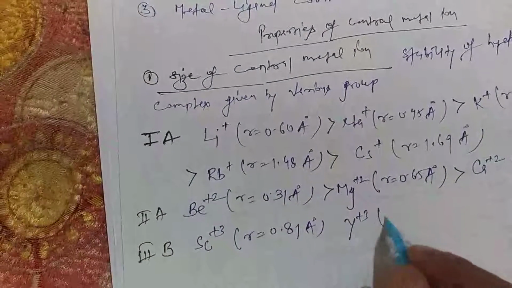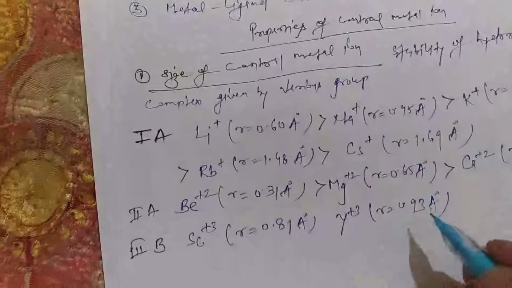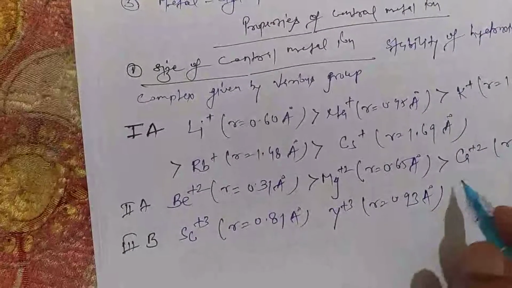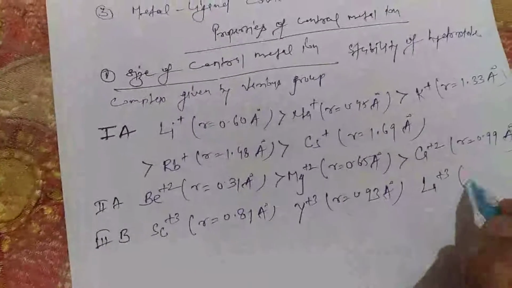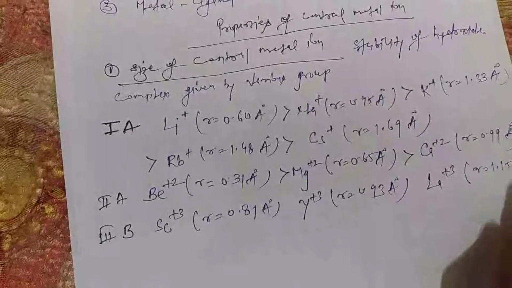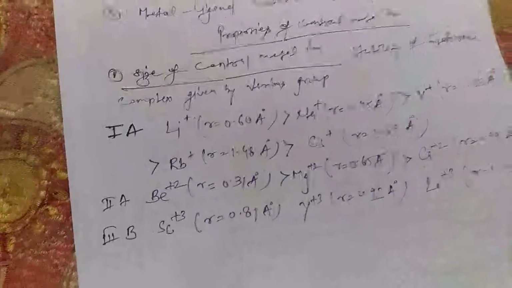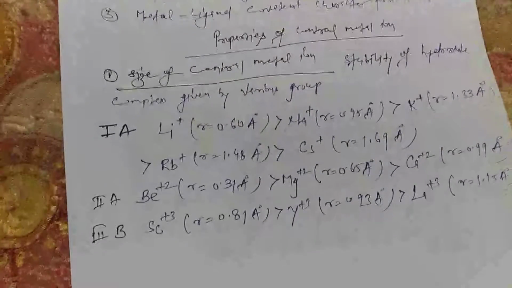Then just after scandium is yttrium, Y +3, which again has 0.93, and then the next is lanthanum, La +3, with R equal to 1.15. You cannot remember the values, that I can understand, but you must know the trend, which depends on the size.